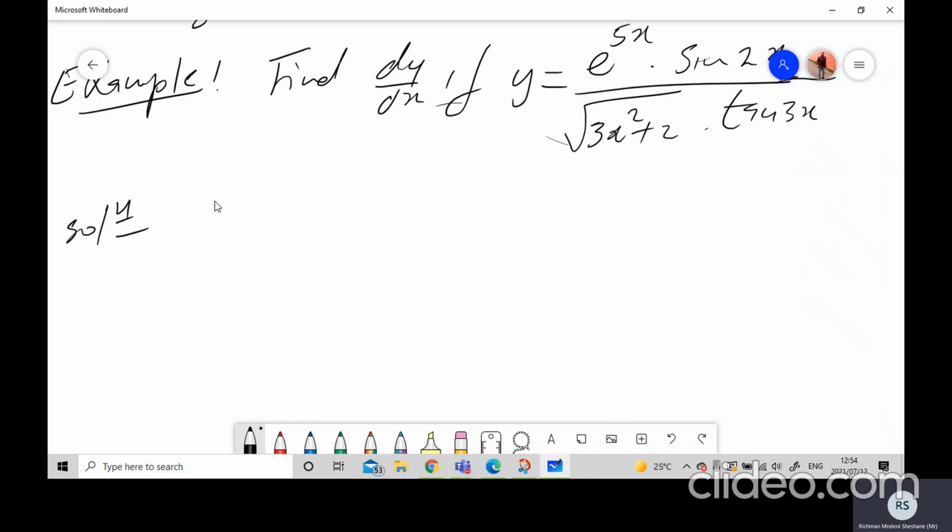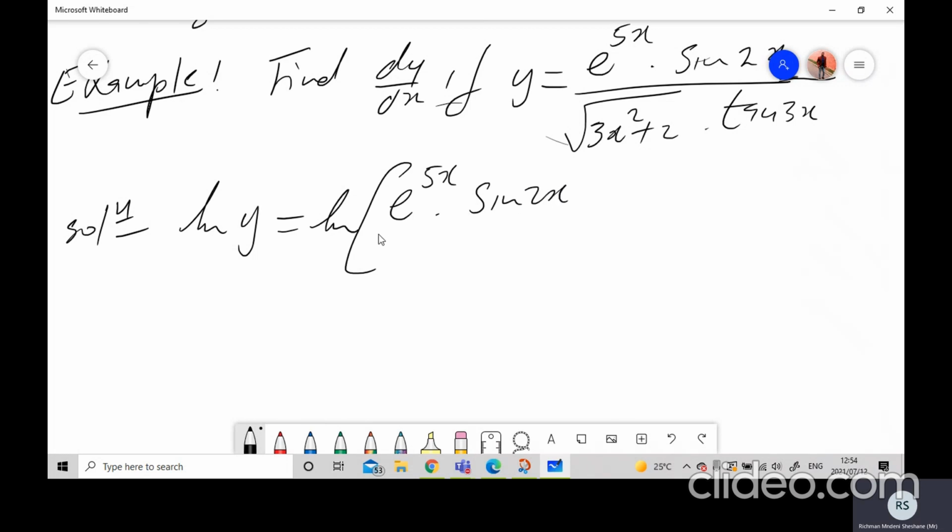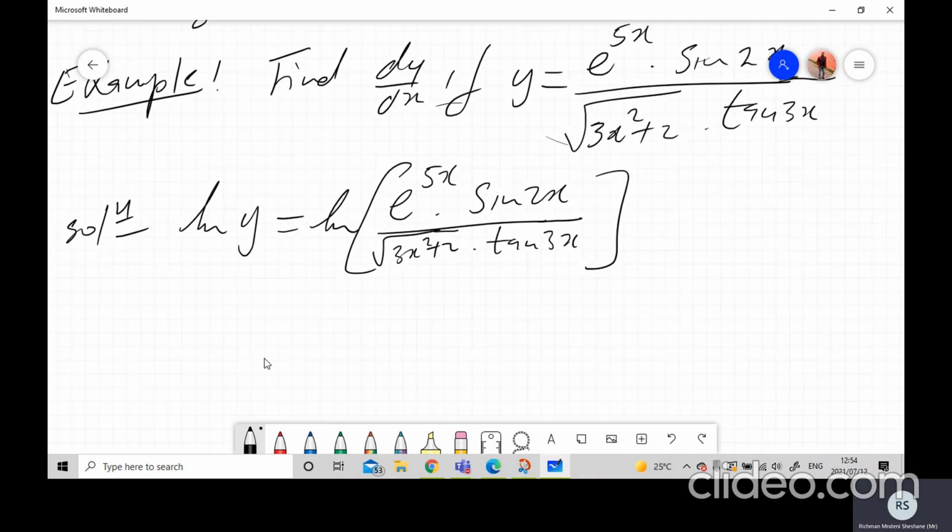So ln of y equals ln of e to the 5x times sine of 2x over the square root of 3x squared plus 2, multiplied by tan of 3x. There's your first step, apply ln on both sides.